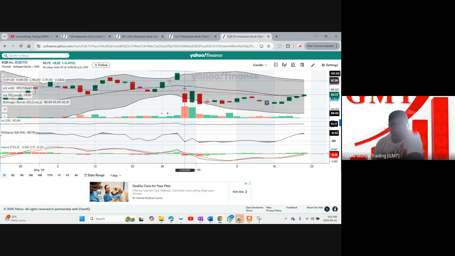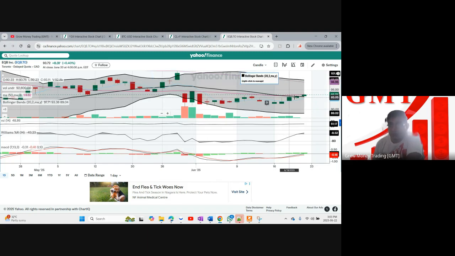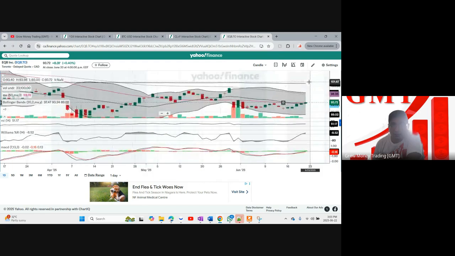There's a gap down here which could be good in terms of targeting the gap closure for your profits. So from the current level, the upper Bollinger Band is close to 96.90 or close to 97, which could be your second target.